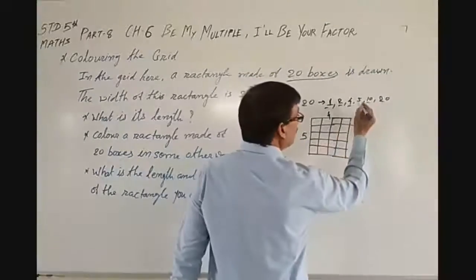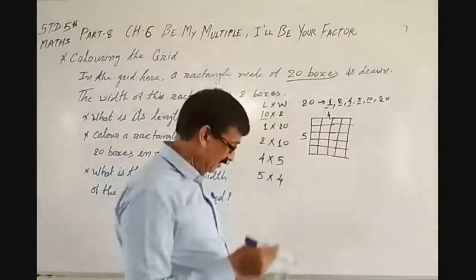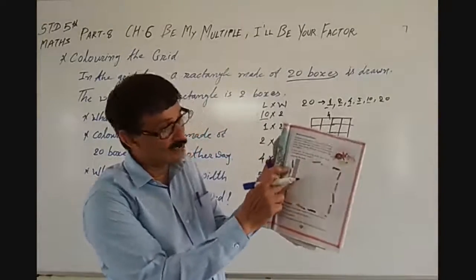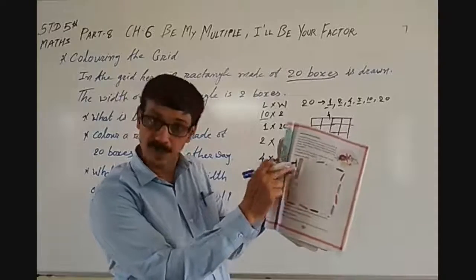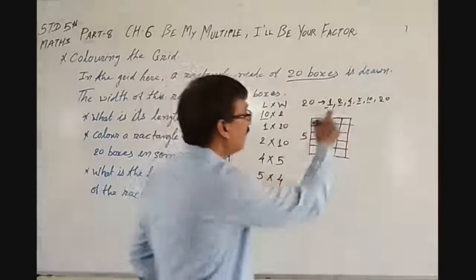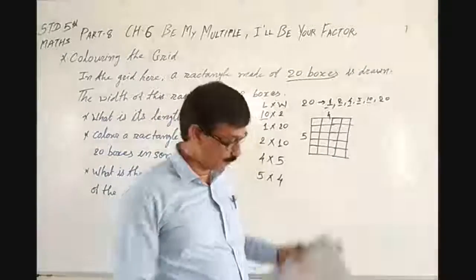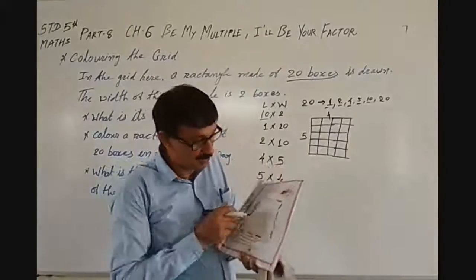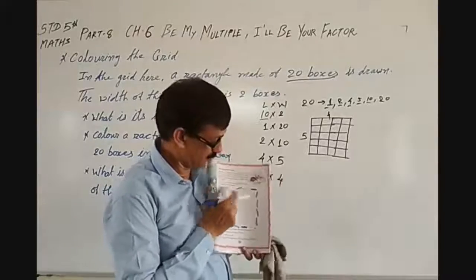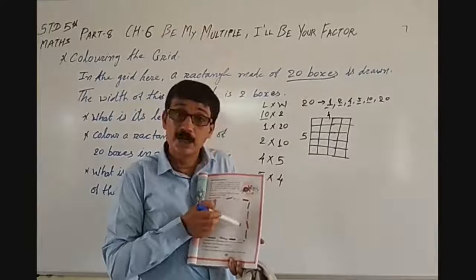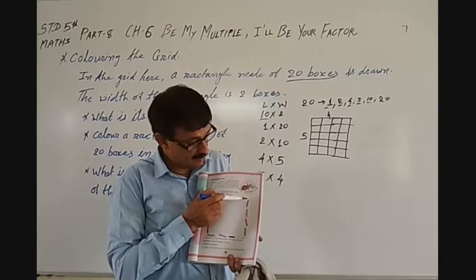Then if it is 10, we have seen this, length 10 and width 2. It is already in this. Then after that, if it is 20, the length is 20. So you should draw that one somewhere over here. See, here total length is 20, and width is 1.